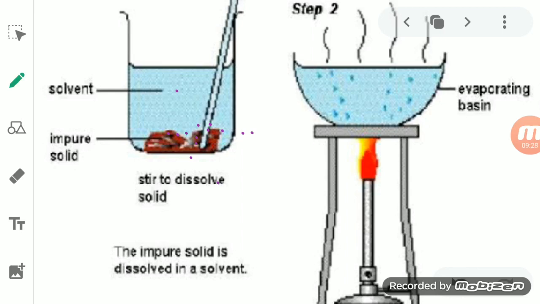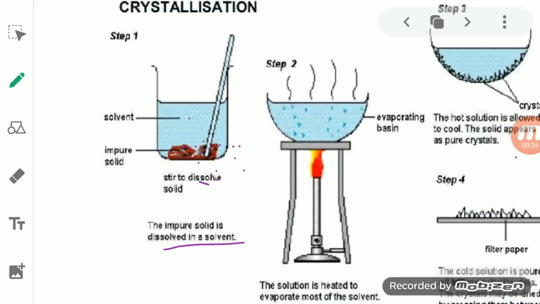We will stir it so that it gets dissolved in the solvent.